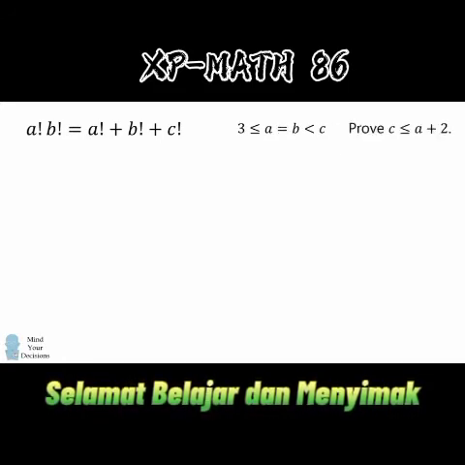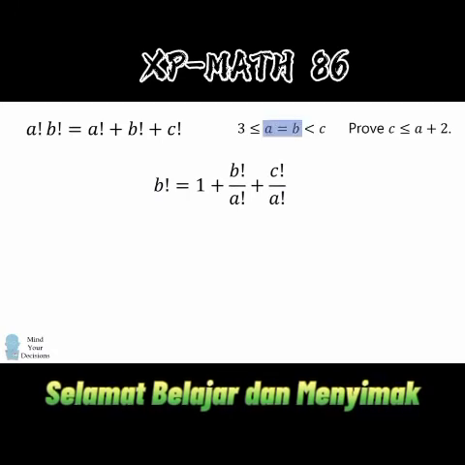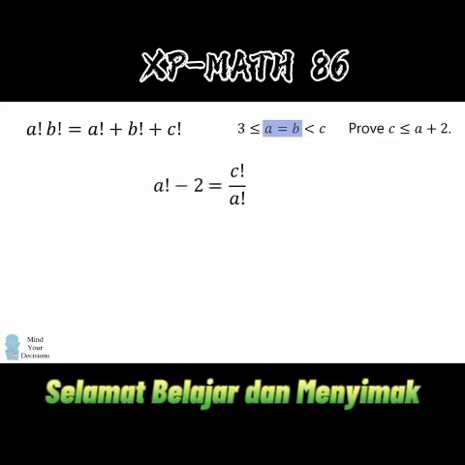From here, we want to prove that c is less than or equal to a plus 2. We'll again take our original equation, divide both sides by a factorial. We're going to substitute that a is equal to b, and then we'll simplify this equation. We'll simplify it a little more, and then we'll subtract 2 from both sides. We'll again look at divisibility.